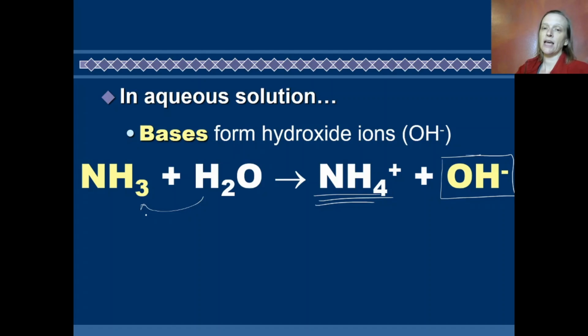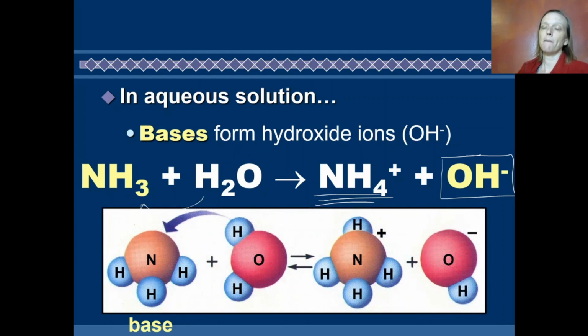Other times it happens because the base itself contains hydroxide ions, and we'll look at an example of that in just a moment. But for now, I want you to see that ammonia, NH3, is a base because it is a proton acceptor. It is accepting a proton from water.